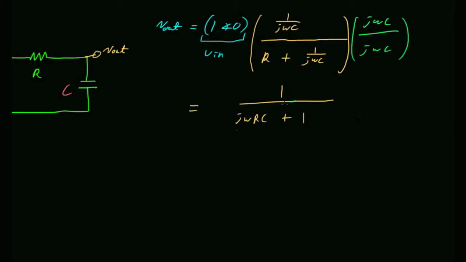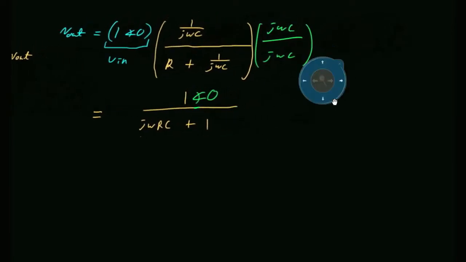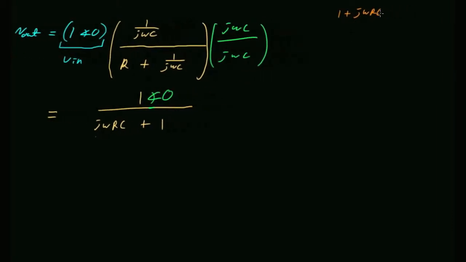Can we convert my denominator into polar form? Sure. It's got a real part and an imaginary part, and we got a formula for that. If I've got 1 plus j omega RC and I want to convert it to polar, the first thing I need is a magnitude.